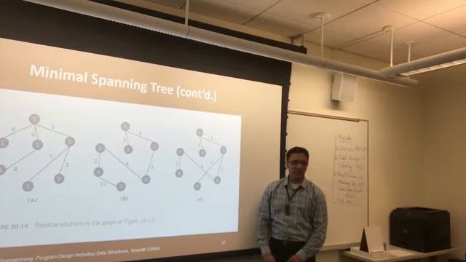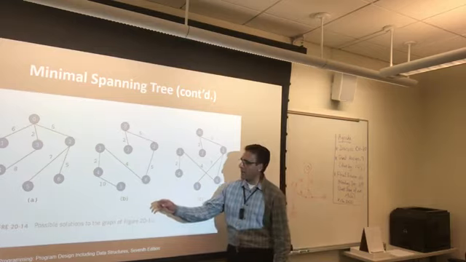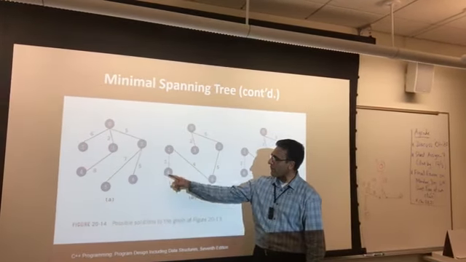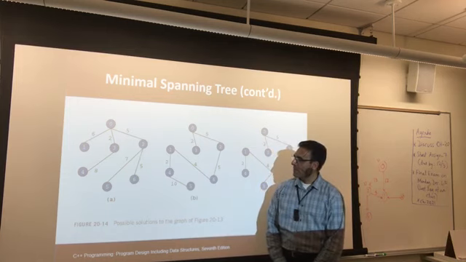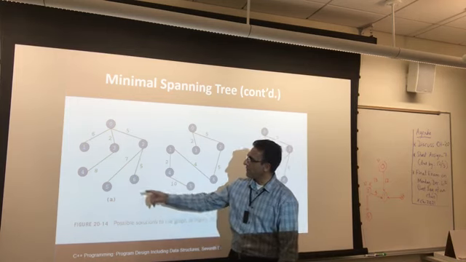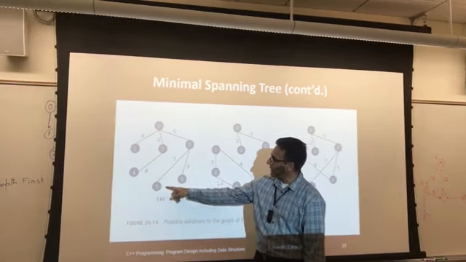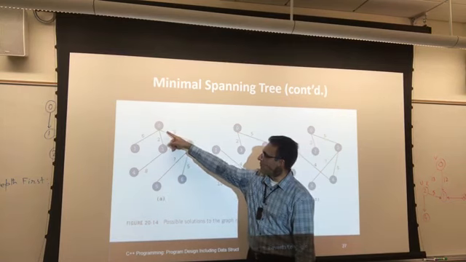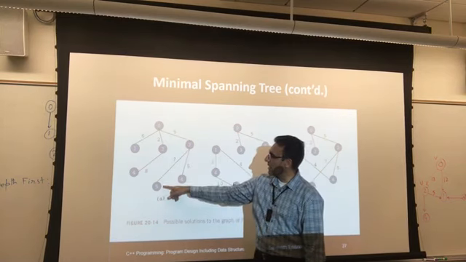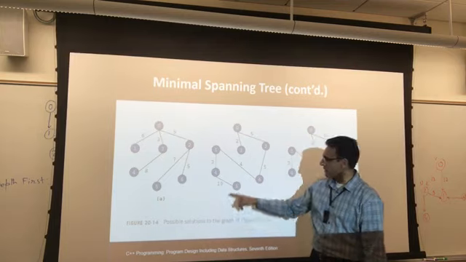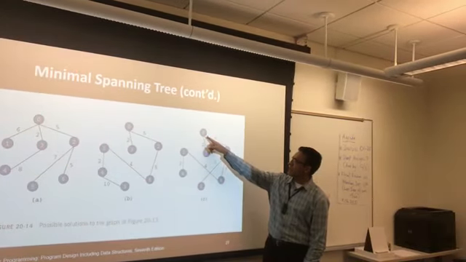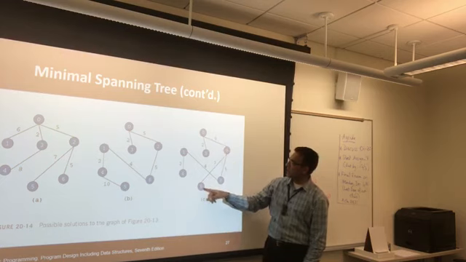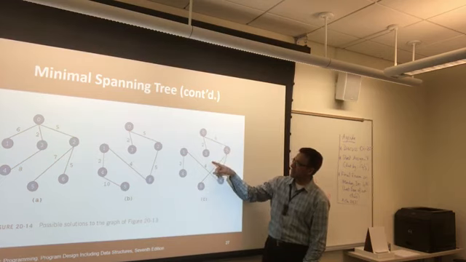Then by looking at it, it might be expensive for the company to fly from 4 to 5, where the weight is 10. But if you look at this one here, if I go from 0 to 2 and 2 to 5, that weight will be 12.